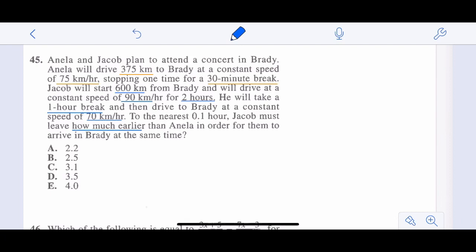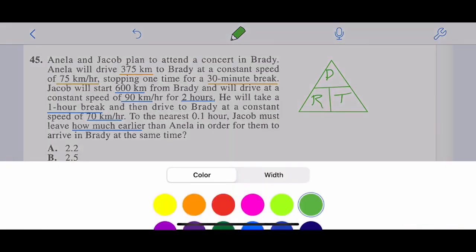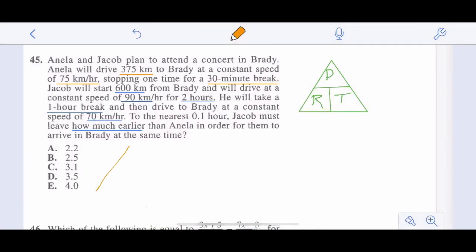So this is a classic distance, rate, time question. So if we have the distance, rate, time triangle, you have distance on top, and then rate and time on the bottom. So let's do Amelia first. Let's do a triangle just to make it easy to see. Her distance is 375.